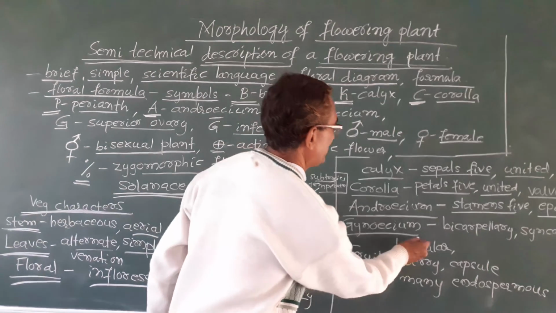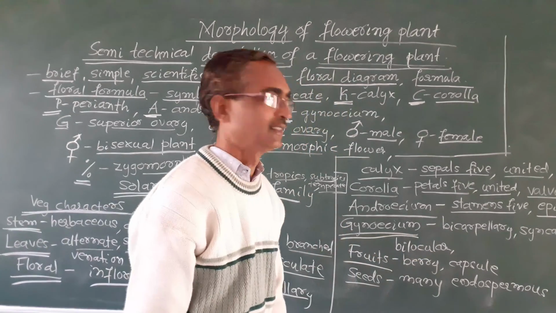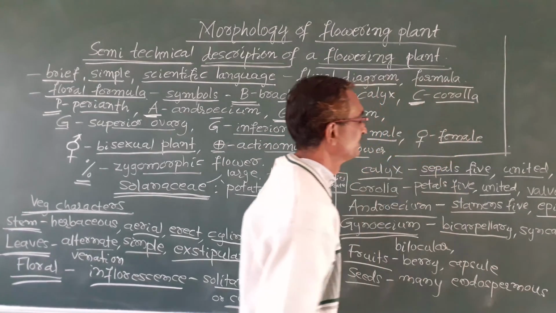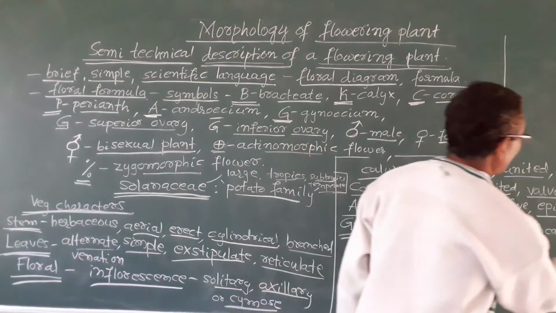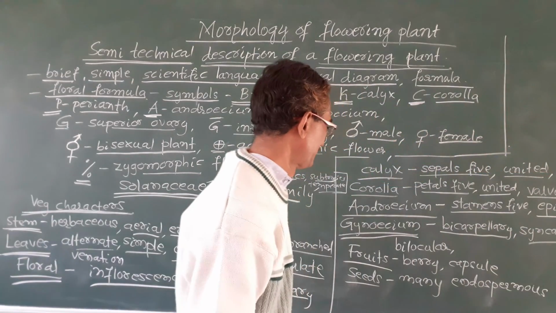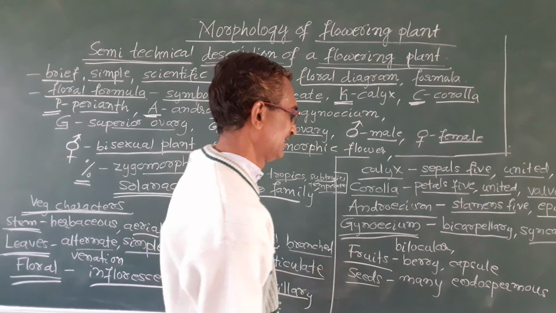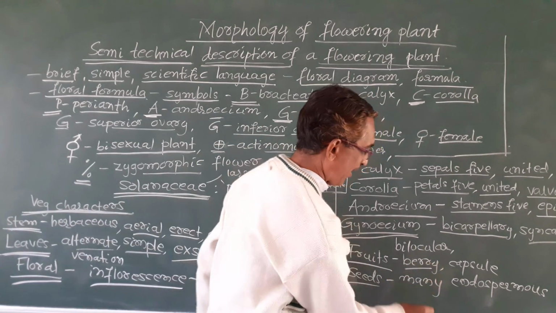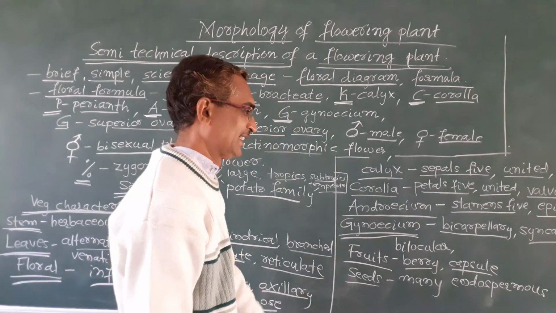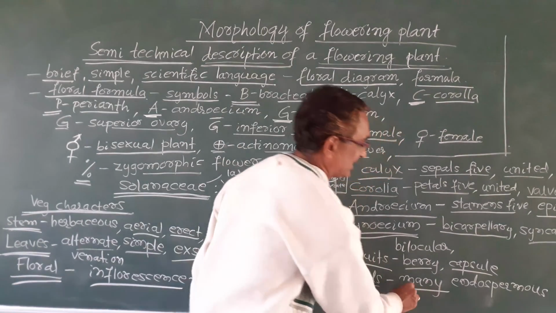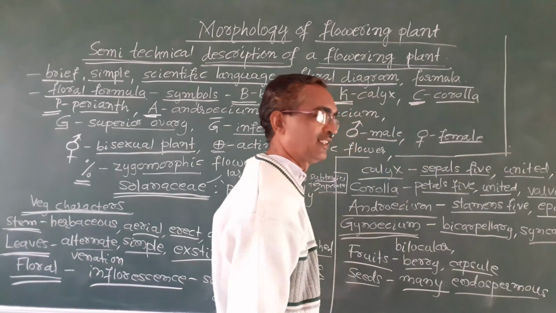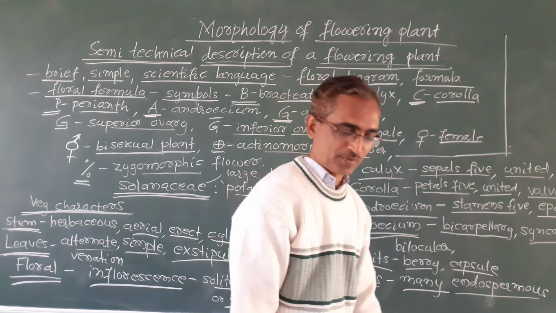Next is the gynoecium, the female reproductive part, bicarpellary and syncarpous, with a superior ovary. The fruits are a berry or a capsule, and the seeds are many and endospermous, meaning they have endosperm.